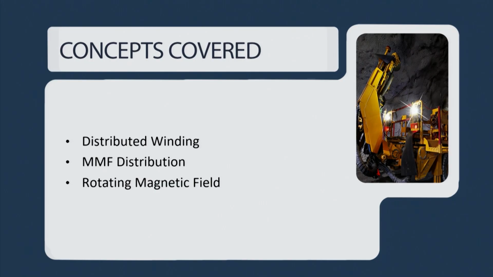So, MMF is a function of the current and the winding, and the winding is distributed. MMF has a direct bearing on the distribution of the winding and the current flowing through them.